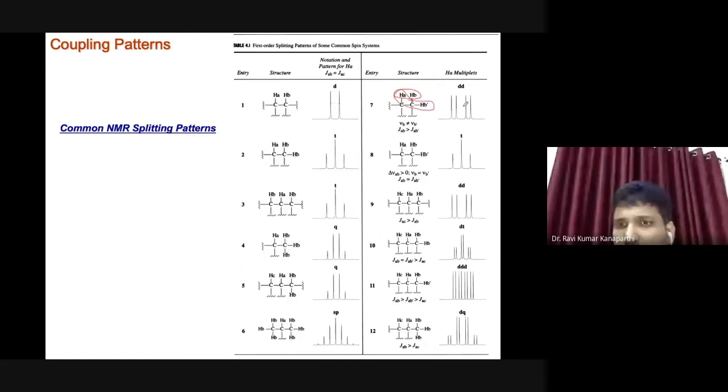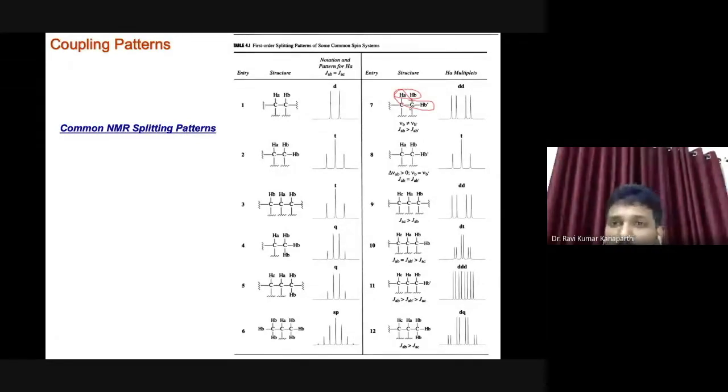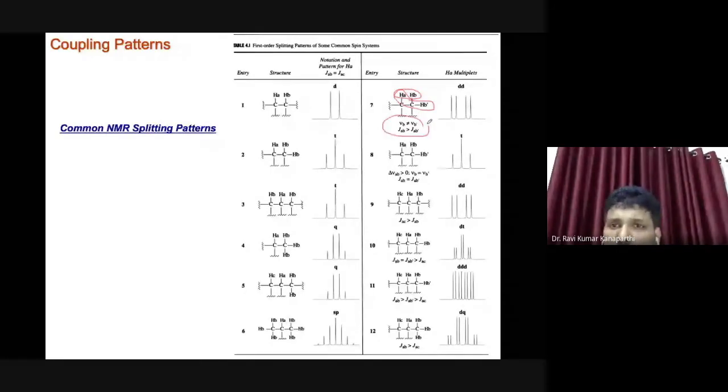This is the meaning of one doublet and another doublet. When we see this suddenly, we think, sir, how is it possible? But there are molecules, and probably we will work on problems. At that time you come to know this type of doublets. It depends upon the interaction, what kind of substituents are attached here, and what kind of bonds are between this carbon atom. There are many factors.